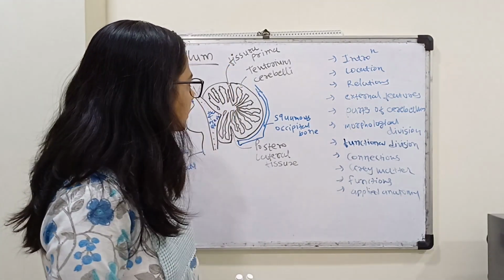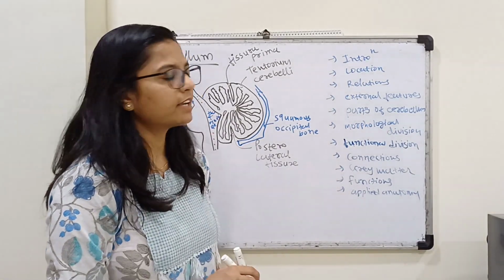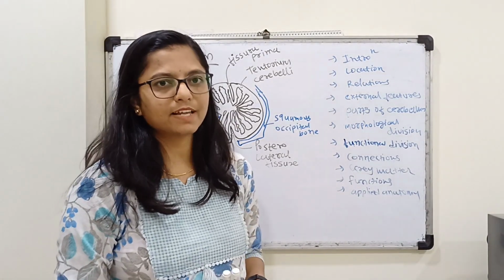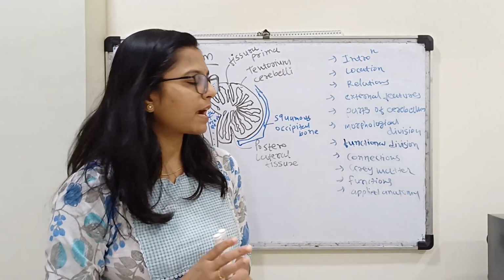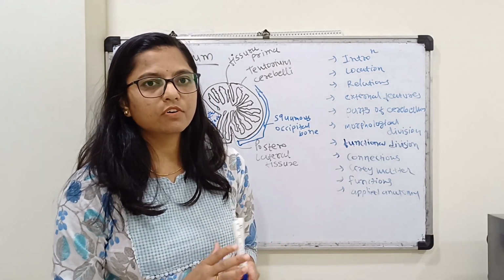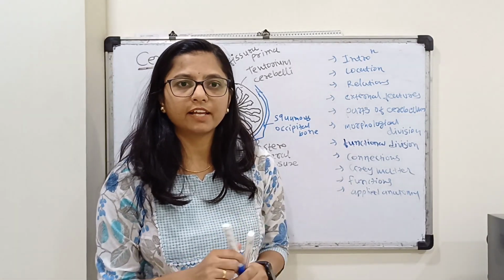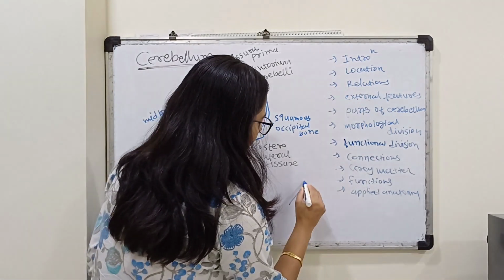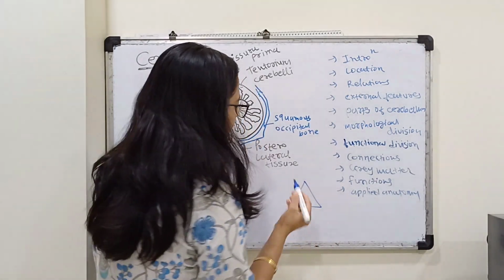Okay, so first thing, whenever we are going to discuss the cerebellum, we have to keep in mind the very important functions of the cerebellum. There are three very important functions that we always have to remember.